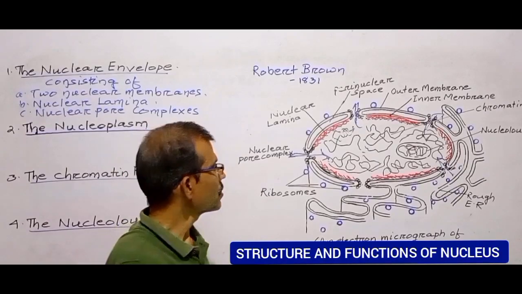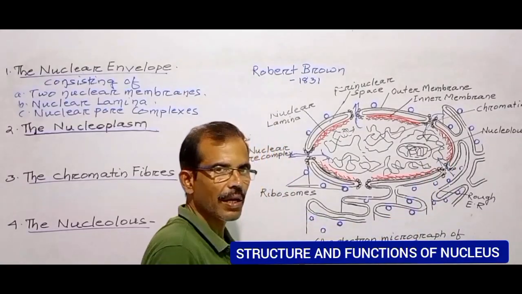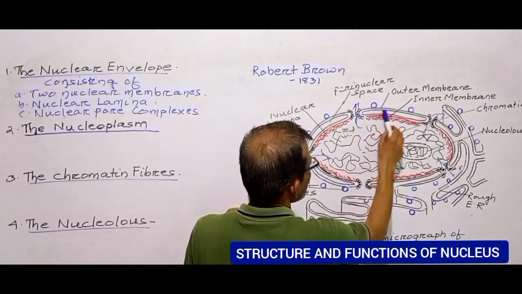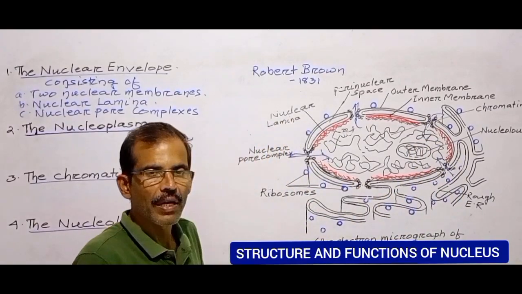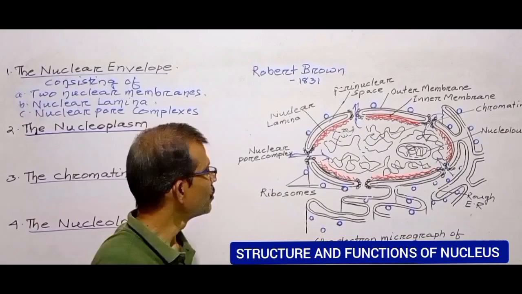Other molecules are not able to diffuse through the lipid bilayer. The space present between the outer and inner nuclear membrane is known as the perinuclear space or the intermembrane space.